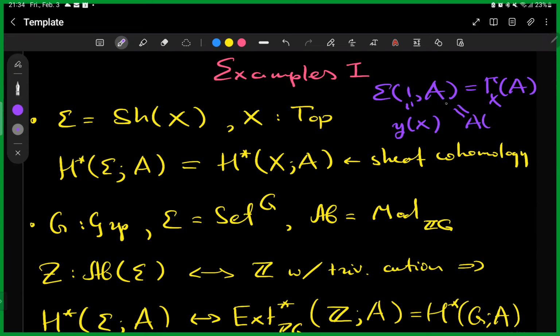That's precisely the Yoneda lemma. So natural transformations between the Yoneda embedding of X and A coincide with the values of A on X, and this is by definition just the group of global sections. So then you just say that on one hand, the sheaf cohomology of X with coefficients in A are precisely derived functors of global sections, and on the other hand, cohomology of a topos with coefficients in A are also right-derived functors of the same functor. So that's why we have an isomorphism between sheaf cohomology defined topologically and topos-theoretically.